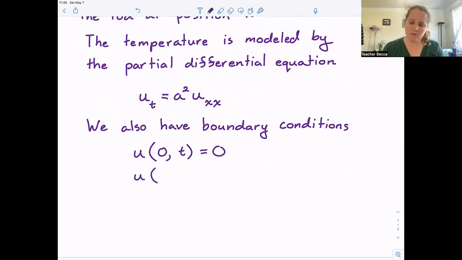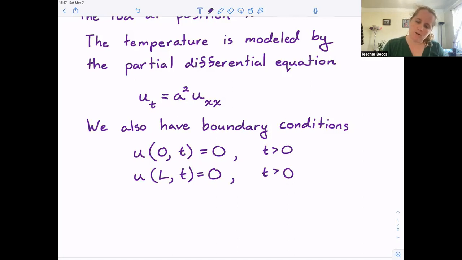And we have that u of L, t is equal to 0. Both of these we usually define for after the initial point in time. So sorry, for t greater than 0, not t greater than infinity. So these are both for t greater than 0. Our partial differential equation holds for t greater than 0 and 0 less than x less than L.